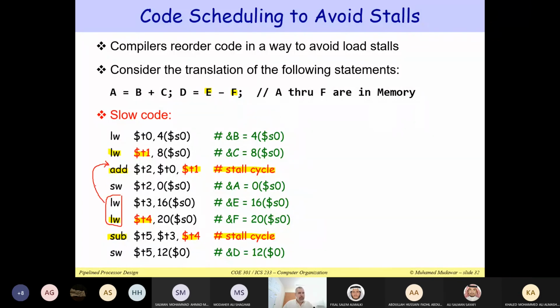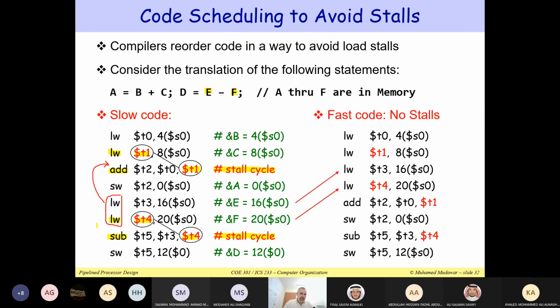This is called rescheduling. Rescheduling means reordering the instructions. This can be done automatically by the compiler. Notice how it has rescheduled and reordered these instructions.